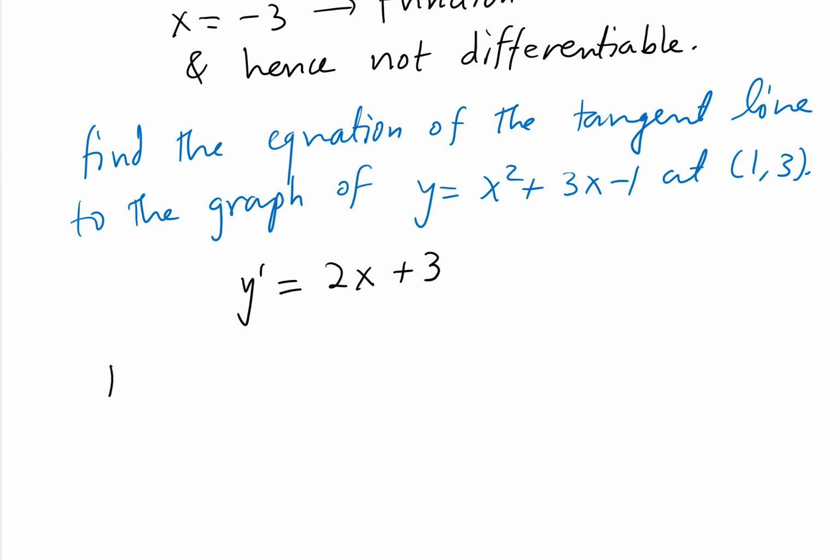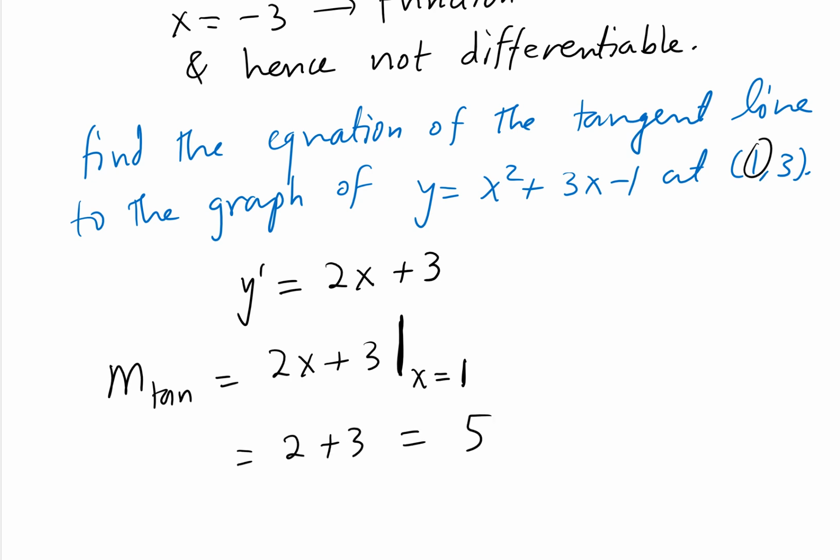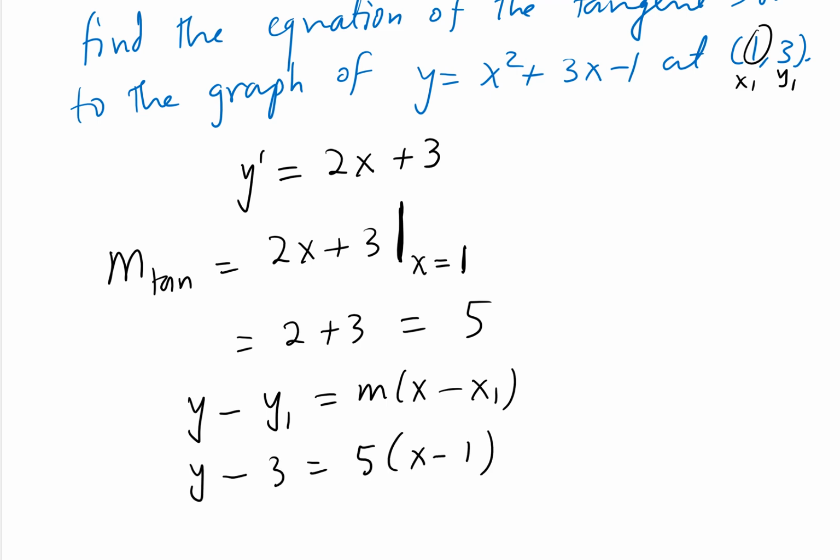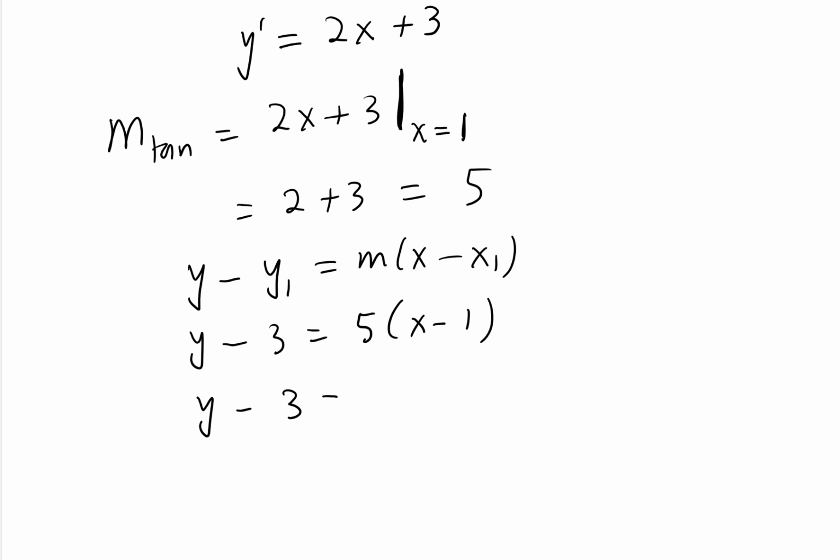The slope of the tangent line we're looking for is this thing we just found at x equals 1: 2 plus 3, 5. That's the slope. To find the equation, we finish by writing the formula: y minus y1 equals m times x minus x1. This is x1, this is y1. Slope is 5, x minus 1. y minus 3 equals 5x minus 5. Add 3 to both sides.